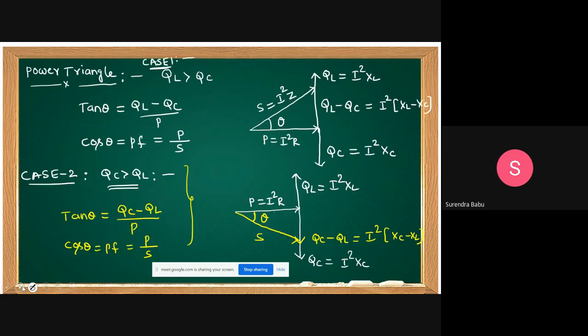Clear, students? Any doubt? Okay, this is the AC analysis of different circuits: RL circuit, RC circuit, and RLC circuit. Now, based on this, we'll solve one or two questions.